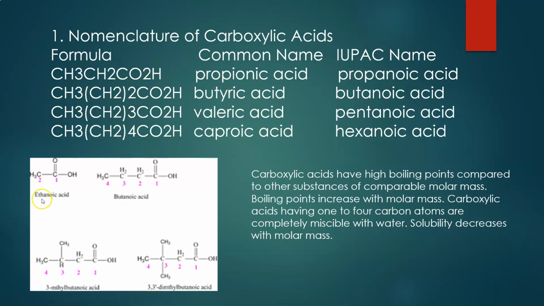We have here, for example, ethanoic acid, 2 atoms of carbon, butanoic acid, 4 atoms of carbon, and so on. The common name here for this compound is propanoic acid, and is also the name used by the IUPAC. But as you can see, in the other compounds, there is a difference between the common name and the IUPAC name.